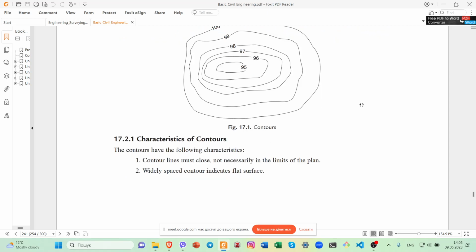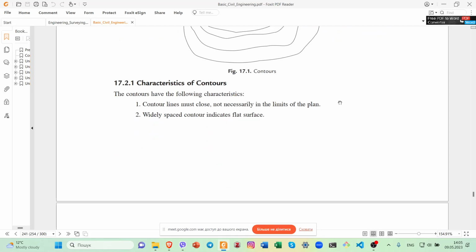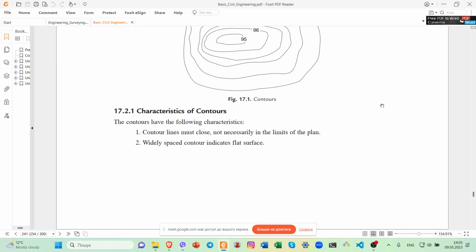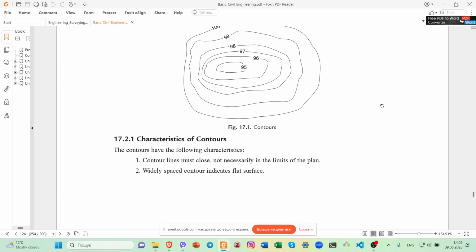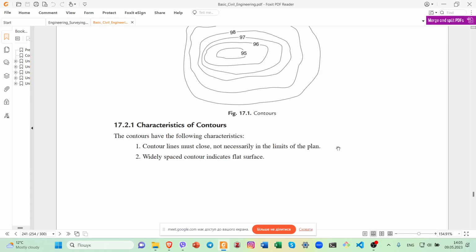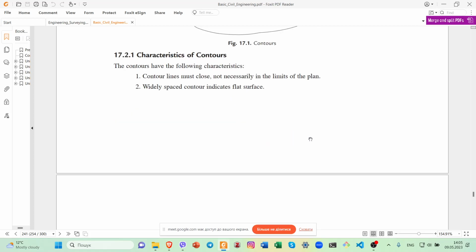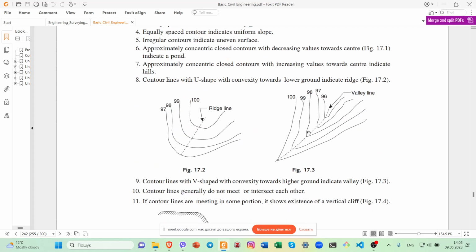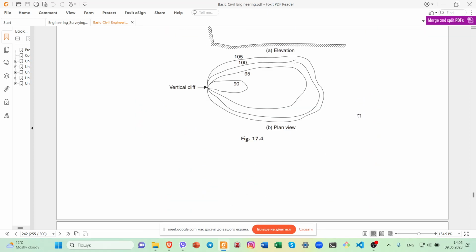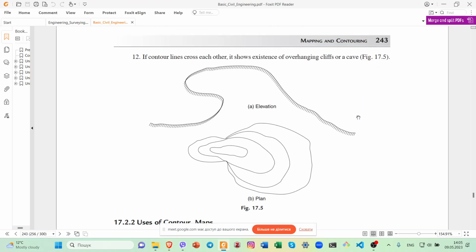You can see that contour lines must be close, but not necessarily in the limits of the plan. Widely spaced contour indicates flat surface, and here you can see examples of these contour lines.